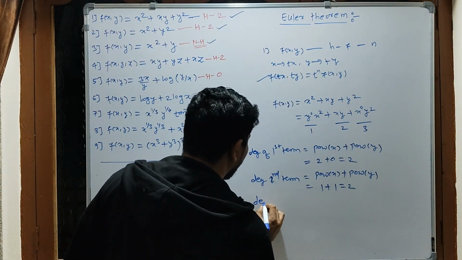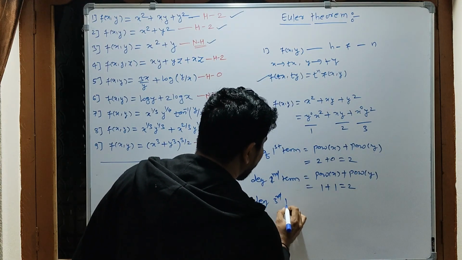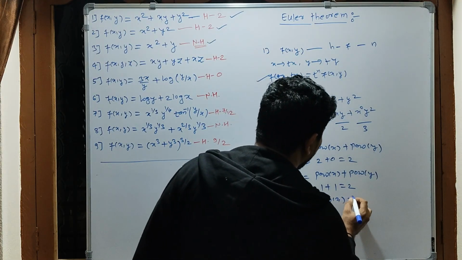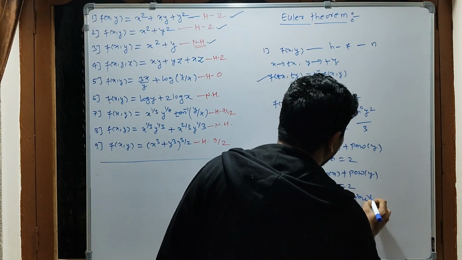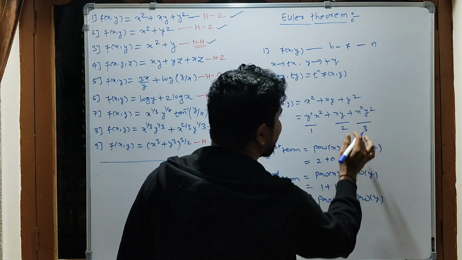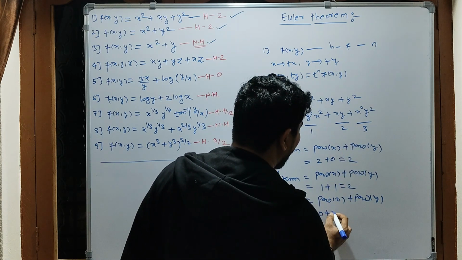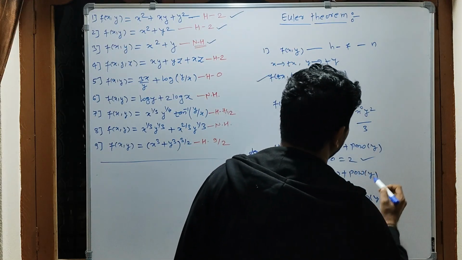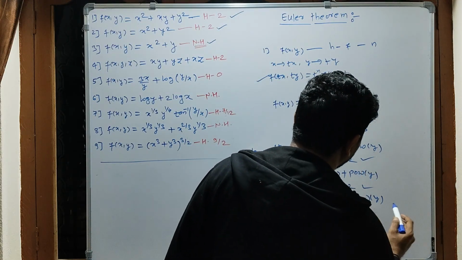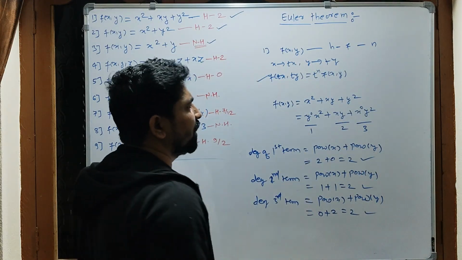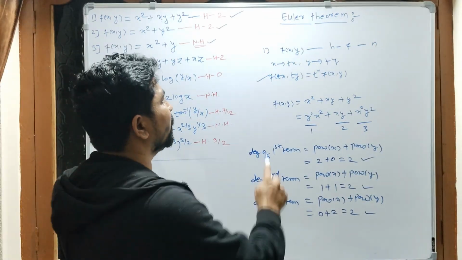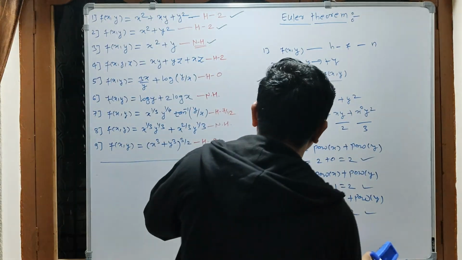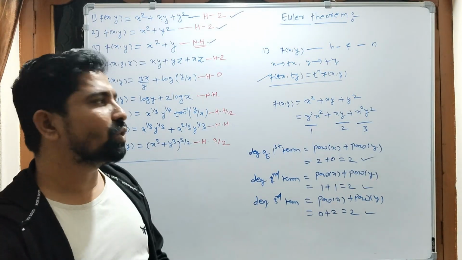Degree of third term equals power of x plus power of y: power of x is 0, power of y is 2, which is equal to 2. Therefore the degree of the first term is 2, the second term is 2, the third term is 2. That's why this is homogeneous. Or else you can check with the help of this condition. This is the way to check whether the given function is homogeneous or not.